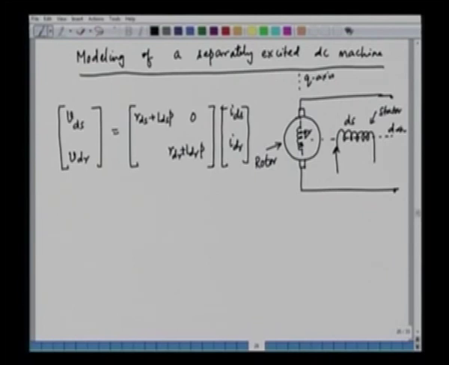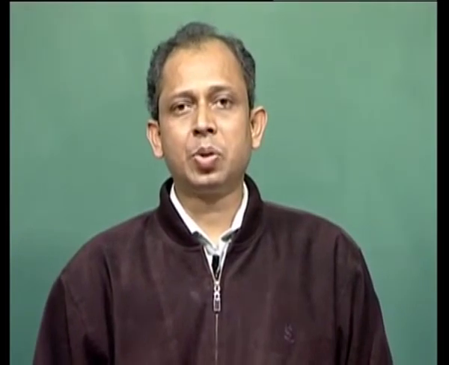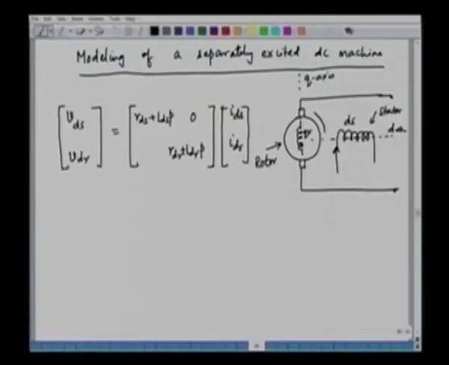In the rotor, as we have already seen, we have statically induced EMF as well as rotationally induced EMF, because it is rotating in the clockwise direction at the speed of omega r. So the rotor will have rotationally induced EMF as well. RDR is the resistive drop, LDRP is the inductive drop or statically induced EMF, and we have omega r MD here. This is the rotationally induced EMF.